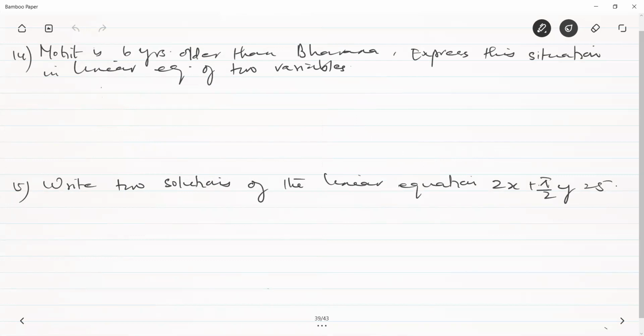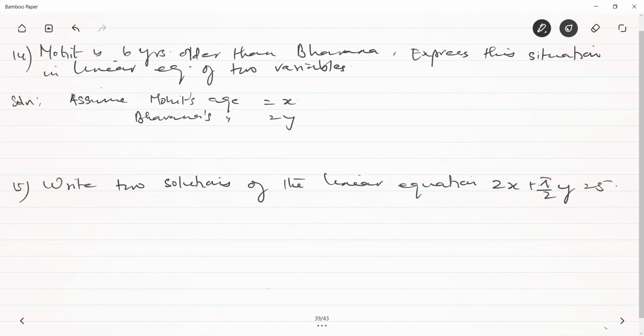Mohit is 6 years older than Bhavana. Express this situation as a linear equation in two variables. Let us assume, we have already done one like this, Mohit's age is equal to x and Bhavana's age is equal to y.